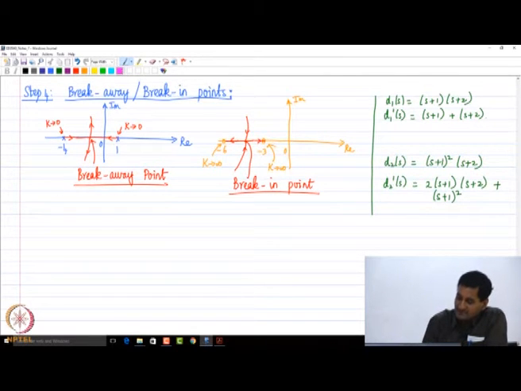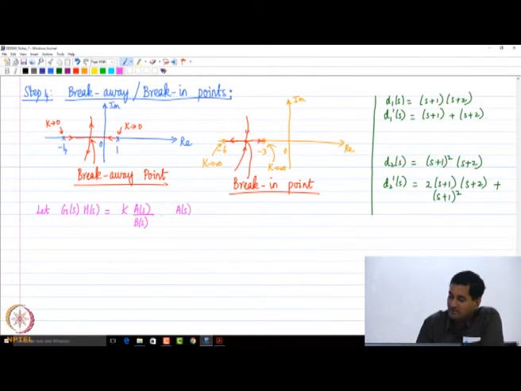Okay. So for this particular case, let g of s h of s be written as k times a of s divided by b of s, just for simplicity. If you recall, a of s is nothing but s plus z1 all the way till s plus zm, and b of s is s plus p1 all the way till s plus pn.